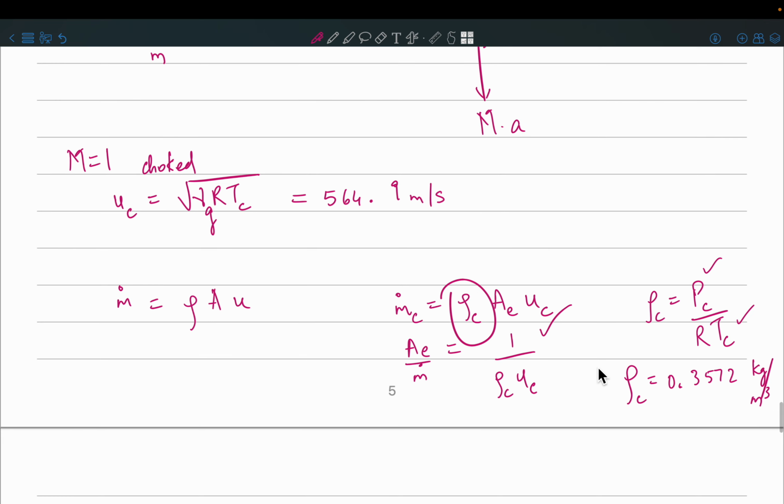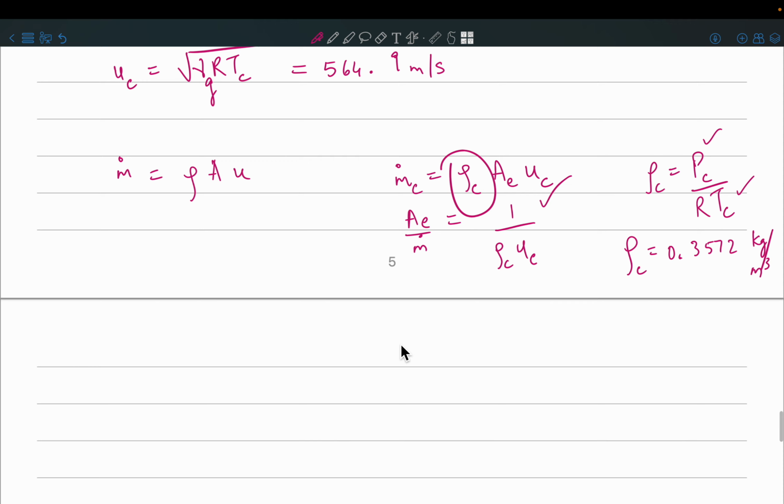Okay, so if you just plug in all these values back into your force equation, okay, sorry, first the value of AE by m dot, so I'll give that. You can just plug in the values and see if you are getting the same thing. So AE by m dot turns out to be 0.00495 meter square second by kg.